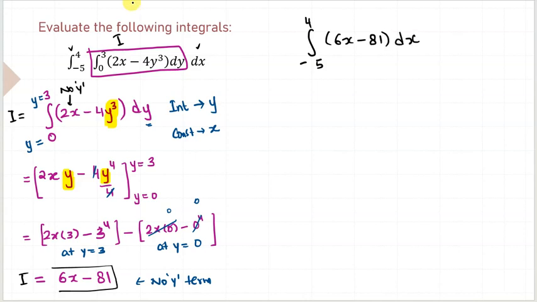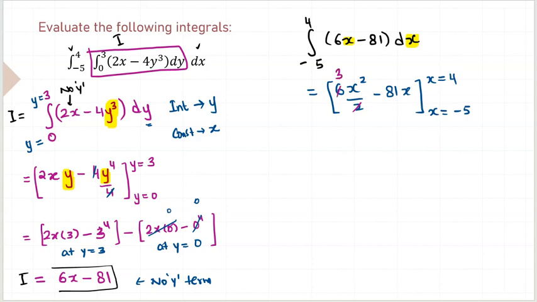Now it becomes a normal definite integral. Here you are integrating with respect to x, so just integrate it. 6 times the integration of x square over 2, minus 81x. The limits for x are from minus 5 to 4. Here you can cancel to make it 3.